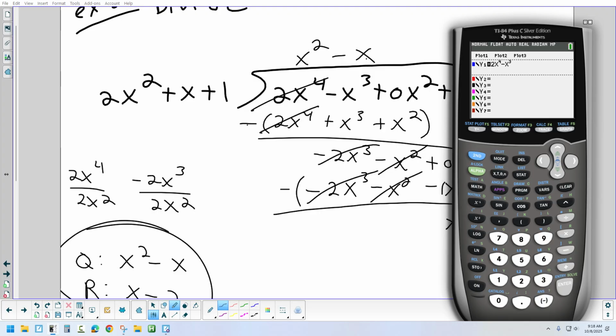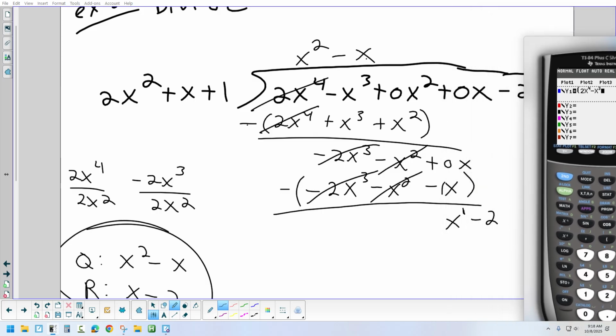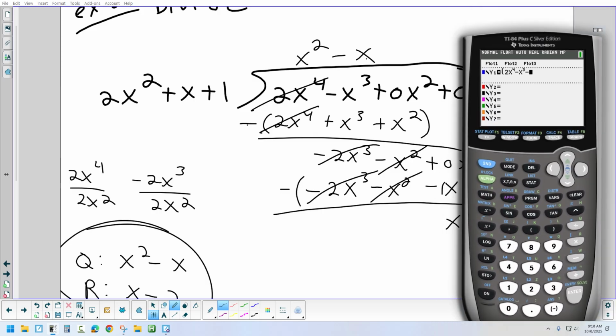So I'm just going to insert a parenthesis. All right, so 2x to the fourth minus x cubed. I don't need plus 0 and plus 0. Just do minus 2. This is rough. All right, minus 2. And then we're going to divide by 2x squared plus x plus 1. That's the original problem. That's what they gave me.